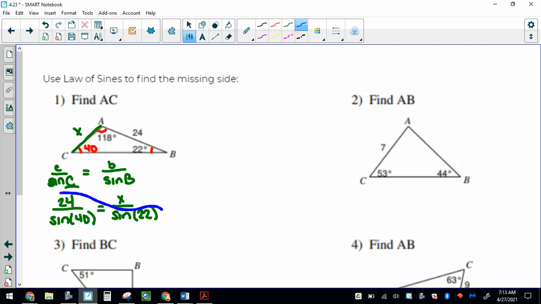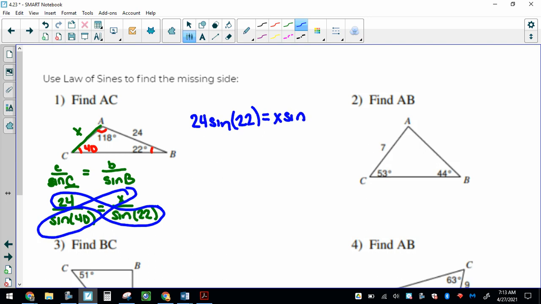We're going to cross multiply, and I'm going to start writing it up here. I'm going to multiply these two sides together, and I like to wait until the very last minute to put anything in the calculator. 24 sine 22 equals, when I multiply those two together, x sine 40. Now, if I need x by itself, this really says x times sine 40, so I can divide both sides to make these cancel.